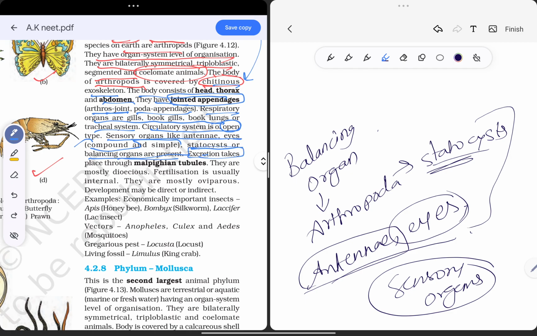Next, excretion takes place through Malpighian tubules. In Arthropoda, Malpighian tubules are present for excretion. They are mostly dioecious, meaning sexes are separate. Mostly, not all, mostly dioecious. Fertilization is usually internal. They are mostly oviparous. Oviparous means egg-laying.